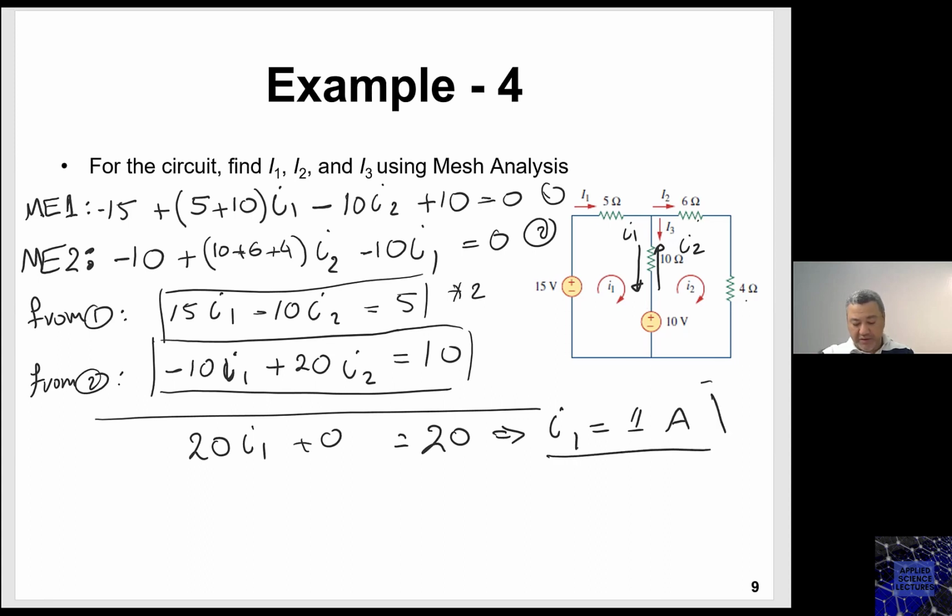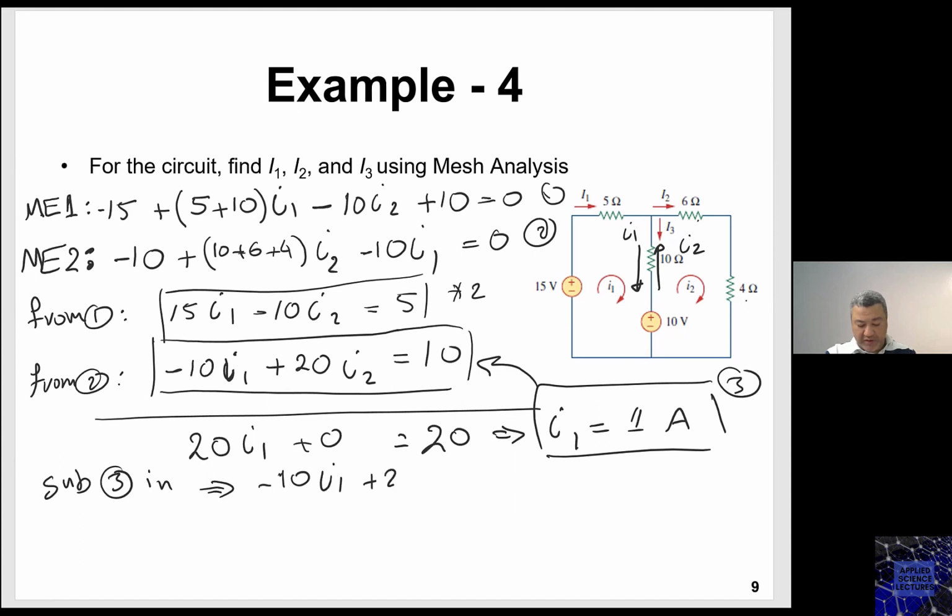And I2 should be, so what do I get? Now this equation, minus 10 I1 plus 20 I2 equals 10. If you divide by 10, what do you get?